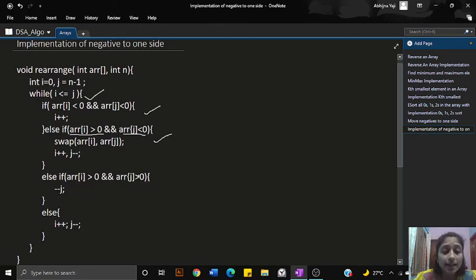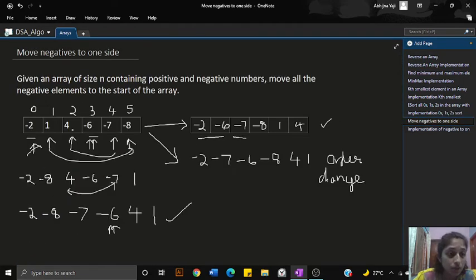Next, we'll see that if both the locations, I and j, are pointing to a positive element. That means, suppose, let's say I have 1 here and 4 here. Okay, and there are some elements in between. So both are pointing to the positive part, right? So when both are pointing to the positive part, I will only move the j, that is this is j, right?